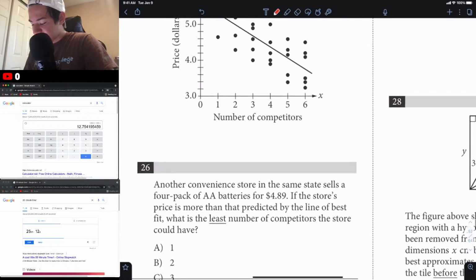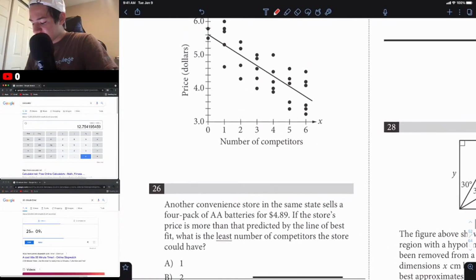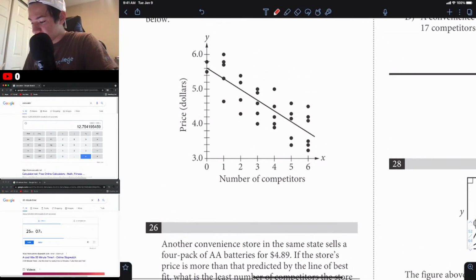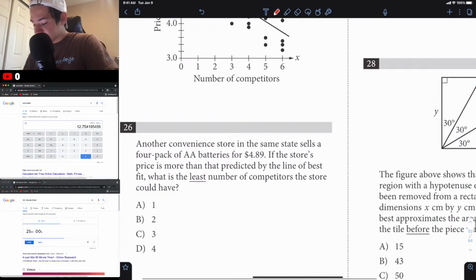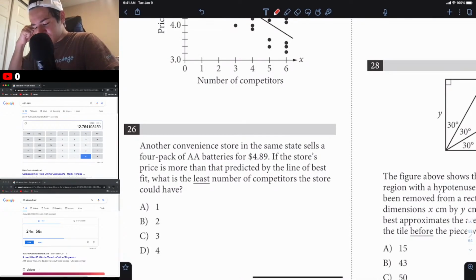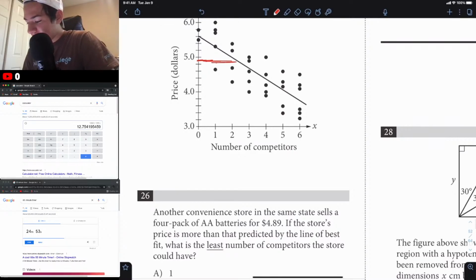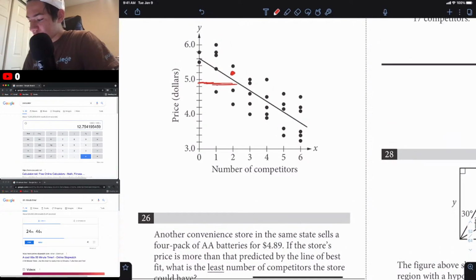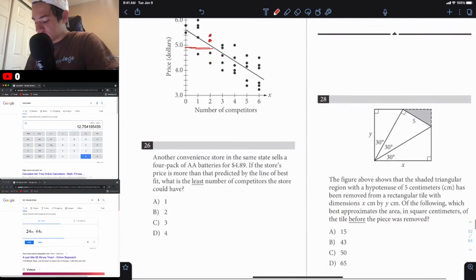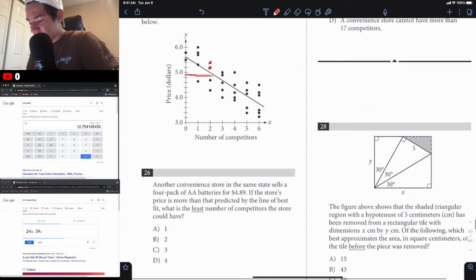Another convenience store in the same state sells a pack of AA batteries for $4.89, which would be around here, I'm guessing. If the store's price is more than that predicted by the line of best fit, so like around here or something. Something like that, I guess. What is the least number of competitors the store could have?